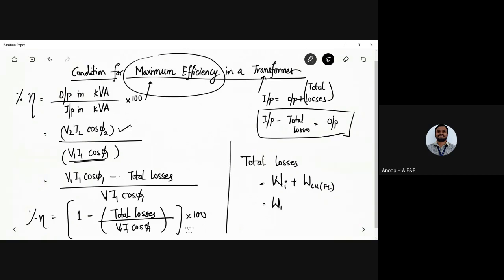So Wi plus, I can write this as I1 squared R01. So this is the resistance as viewed from the primary. So Wi plus I1 squared R01, that is the total losses. I can write it like this.